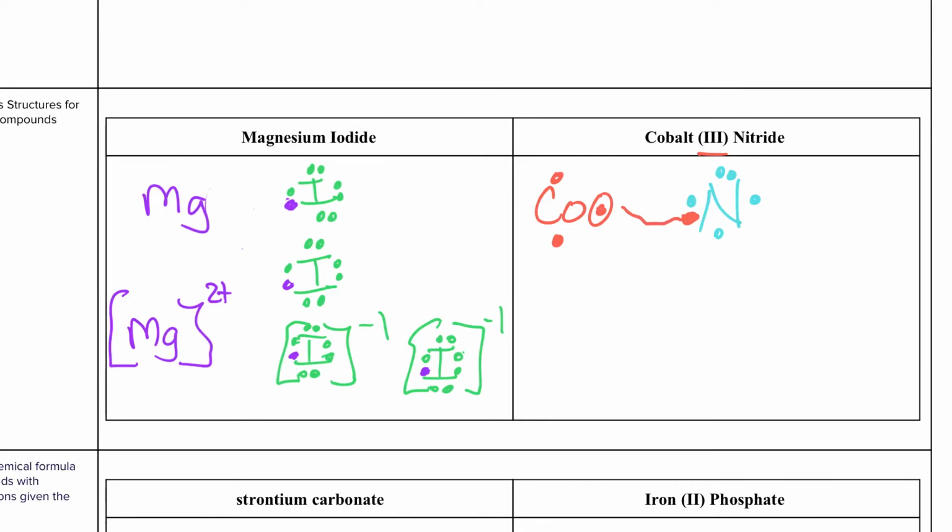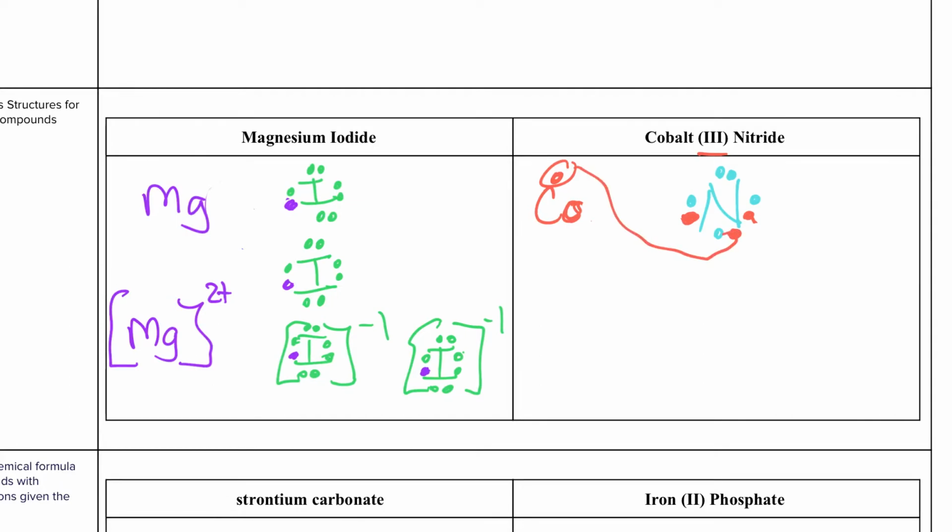And then we can erase right there. But now cobalt still has 2 valence electrons. So this one's going to travel all the way around here. We can erase it. And then we have one more spot on nitrogen, it can accept one more.